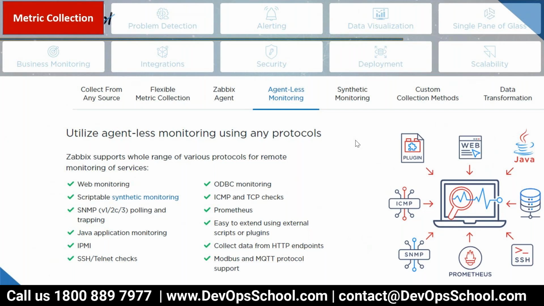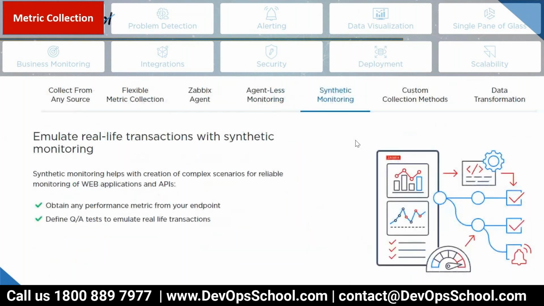You can use it for Java application monitoring, IPMI also, SSH for getting the data, ODBC monitoring, ICMP, TCP, Prometheus, and it's easy to extend and collect data from HTTP endpoints, and many more. So agentless monitoring is also possible. Synthetic monitoring is also supported for data collection.